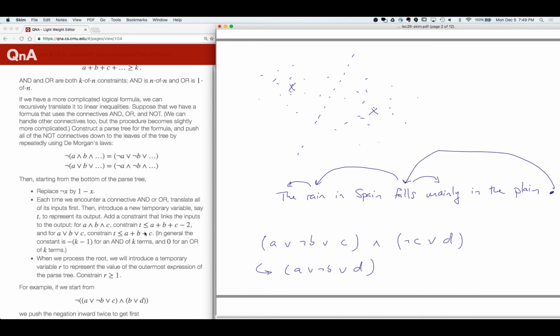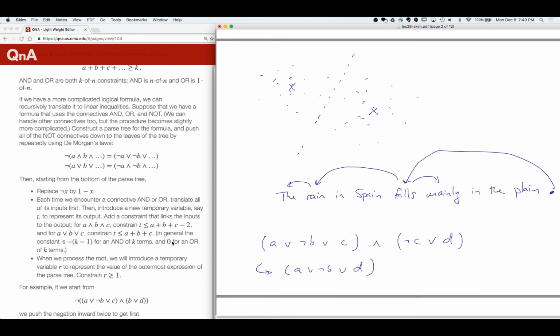The constraint for or is correct here, right? So t less than or equal to a plus b plus c. And so t will have to be 0 if they're all 0, and t can be 1 if any of them are 1, right? And there's a similar constraint that is not this one for and, which I'll fill in after class.